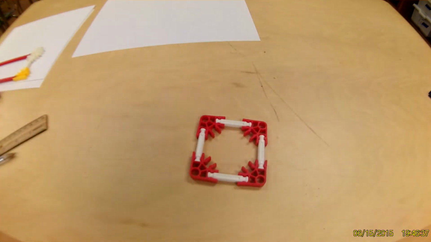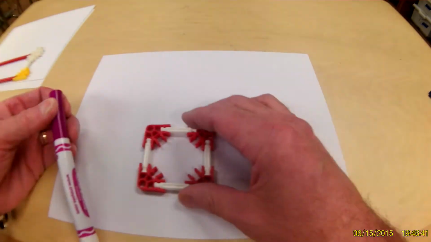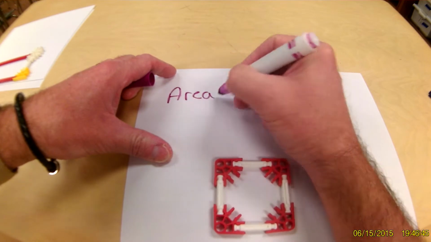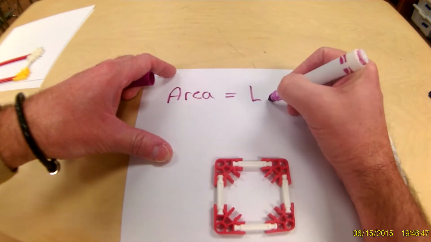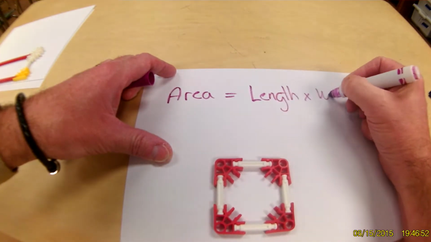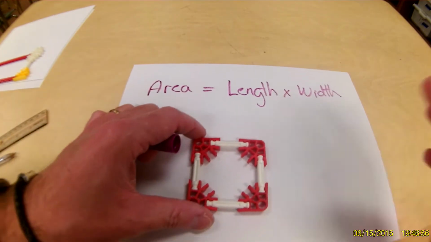Now, when you measure and you calculate area, area equals the length times the width. Okay, area equals the length times the width.